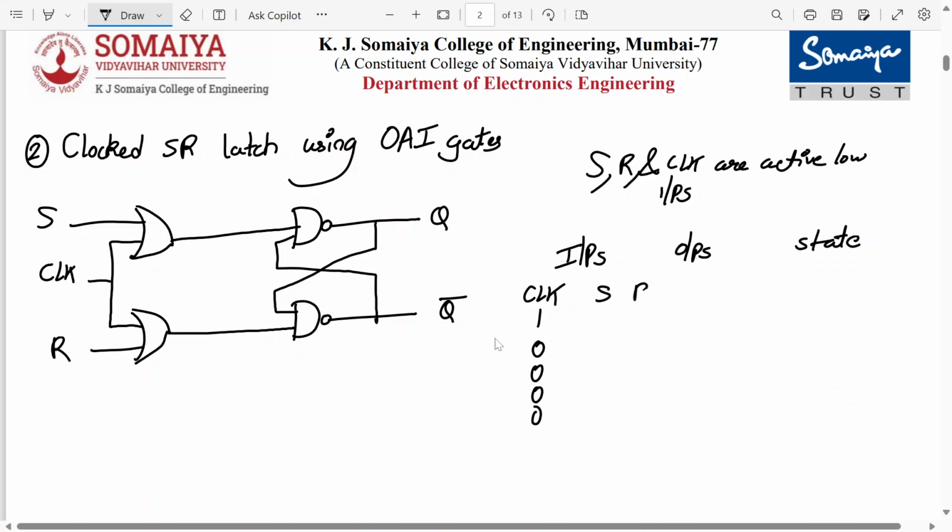S, R, Qn plus 1, Qn plus 1 bar. I hope you know why I write Qn plus 1, because it will hold the previous state Qn. So this will be x and x, this will be 00, 01, 10, 11. So here it will hold the previous state. So this is hold state.